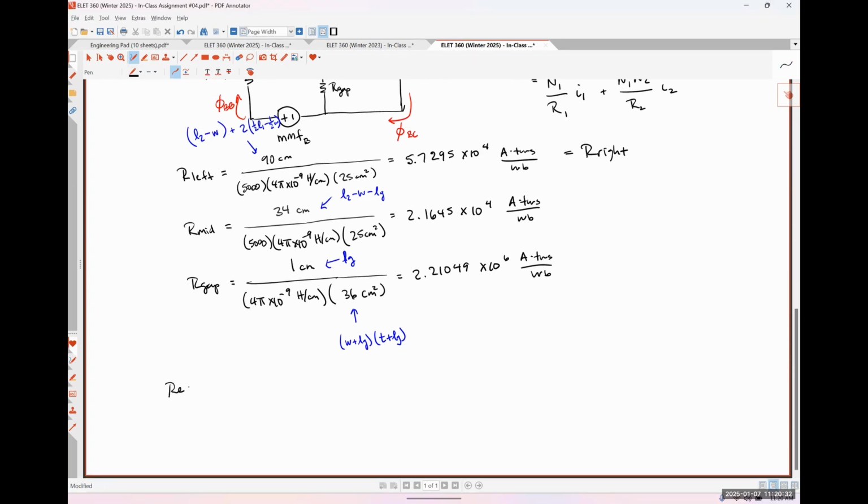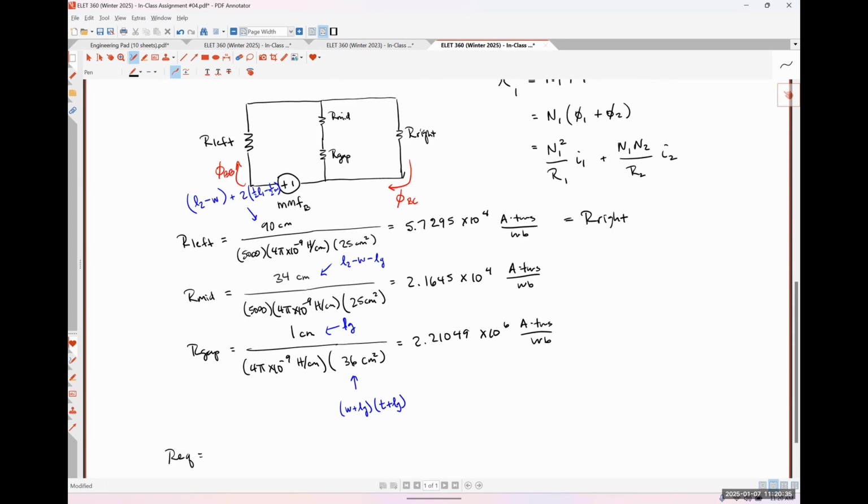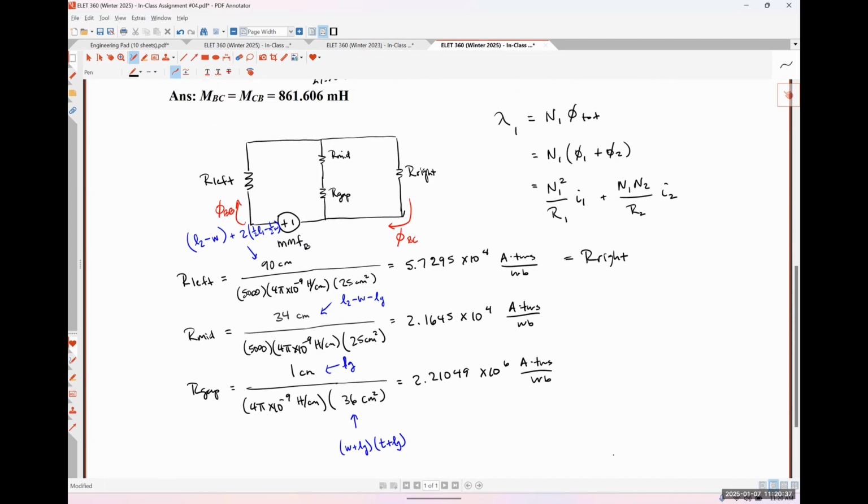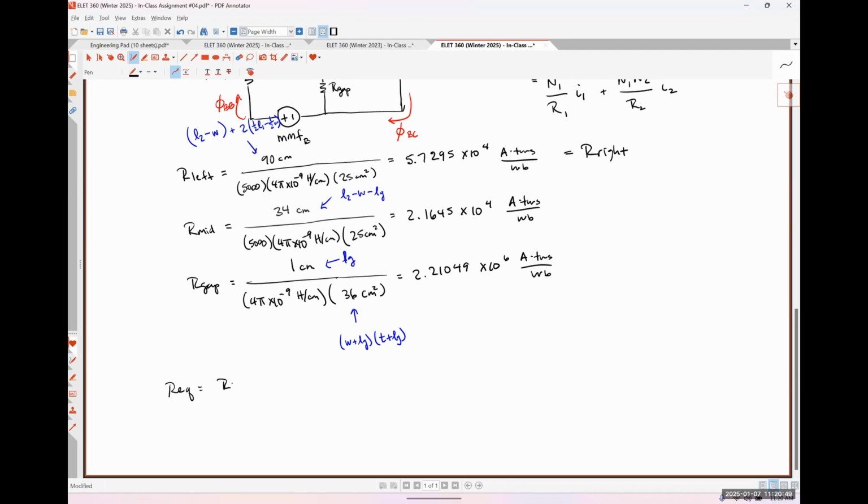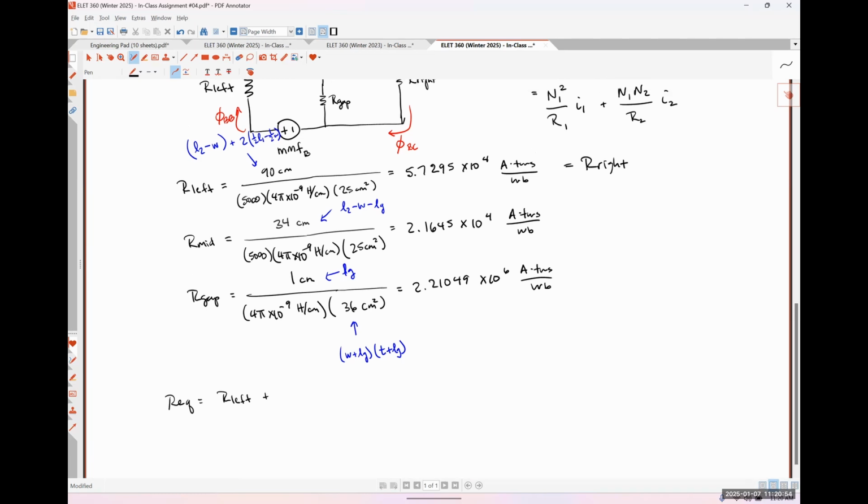So what would our total reluctance be? Let's start there. What is the reluctance seen by coil B? R left in series with the parallel combination.